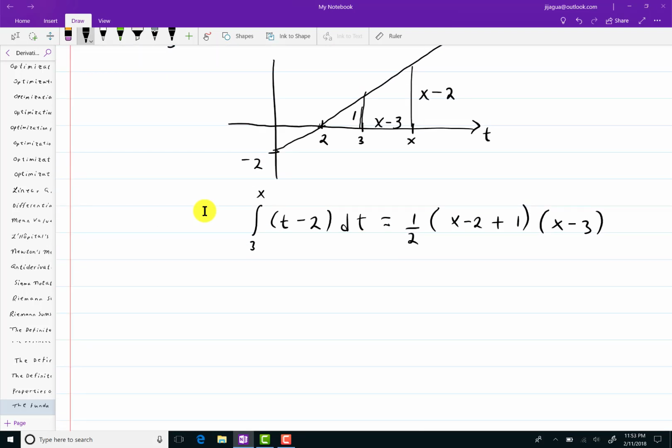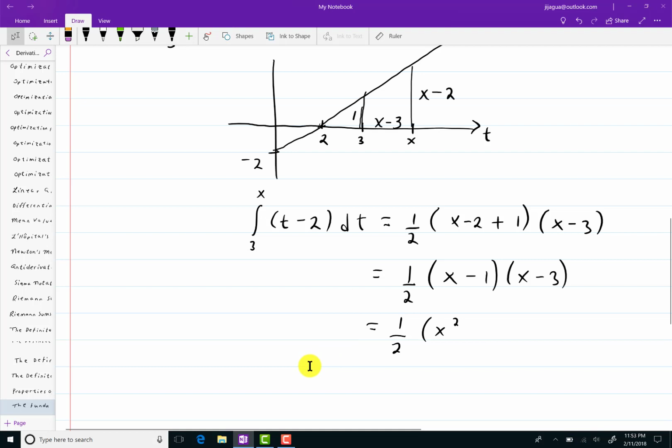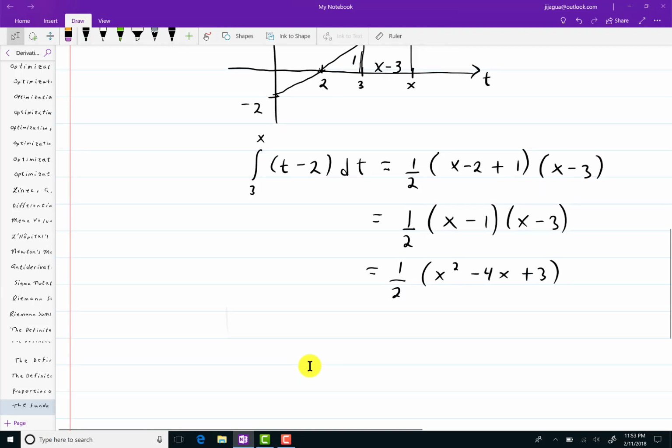And let me go ahead and multiply this out. 1/2 times x minus 1 times x minus 3. And if I multiply that out, I'll get x squared minus 4x plus 3. That's the value of my integral.